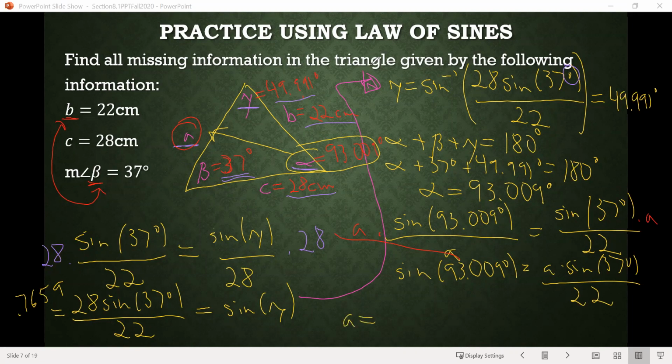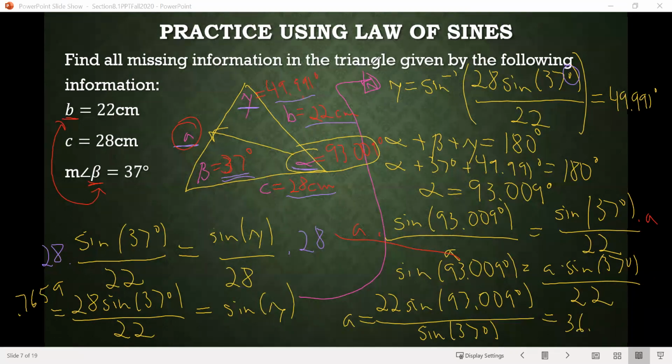So we get A equals 22 times sine of 93.009 degrees, all divided by sine of 37 degrees. If we plug that in our calculator, then it looks like we would get 36.506 centimeters.